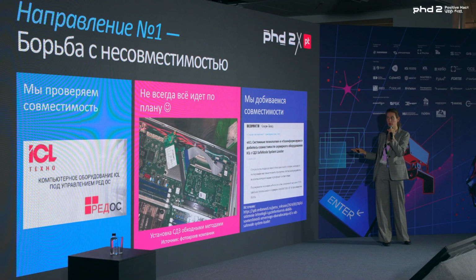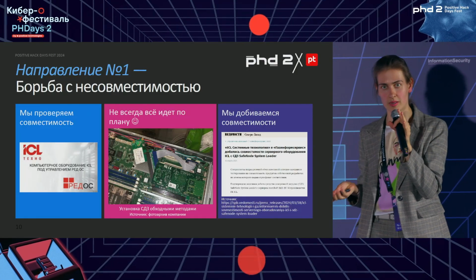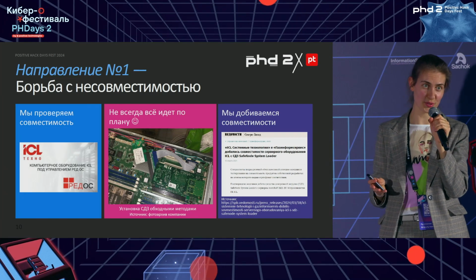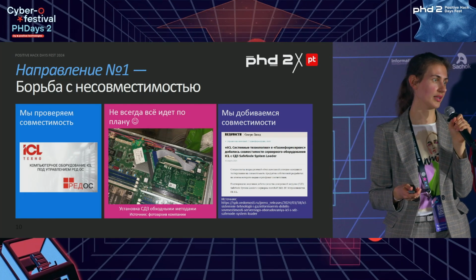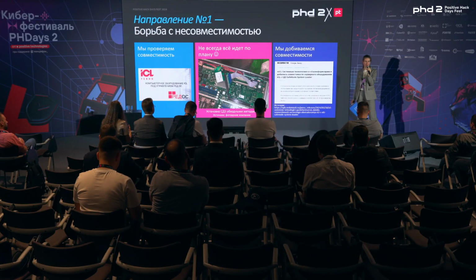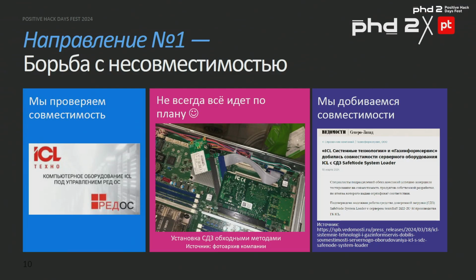If not, we have to get this compatibility. We need to bring the development team, either our developments or our partners' developments. Or many companies had this experience when you have to find some sort of bypasses, ways around it.